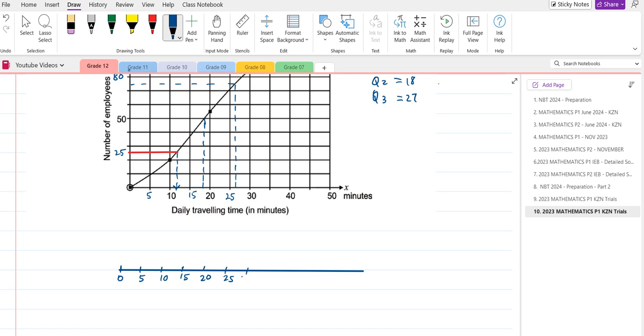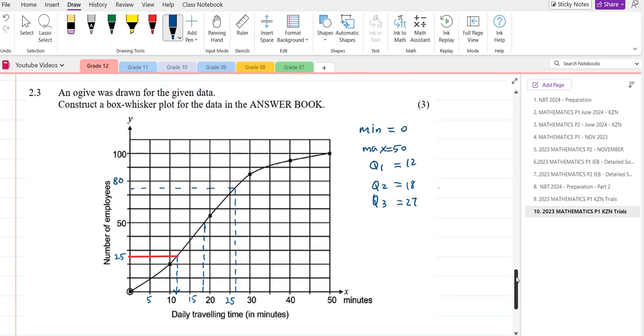This should be given to you, because you write in the special answer booklet, I think. So 5, 10, 15, 20, 25, 30, 35, 40, 45, 50. I know the maximum is 50 and the minimum is 0.